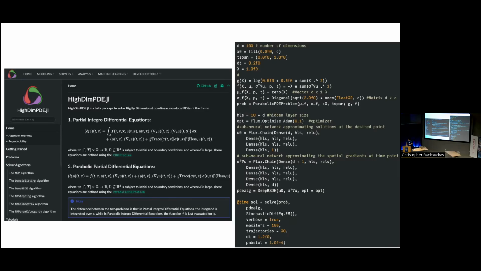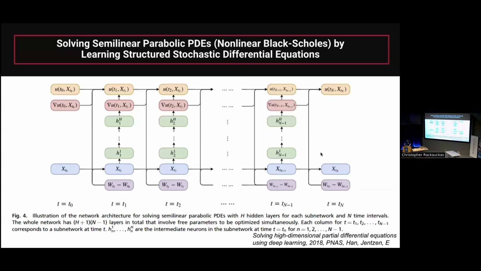You might notice that it's a little bit weird because I throw in these neural networks in here. Yes, the way that this method works is actually using neural networks under the hood. It's quite cool, right? Go read the paper on solving high-dimensional partial differential equations using deep learning. The core method shows a nice picture like this, but I find the way that people write machine learning papers to be inscrutable.